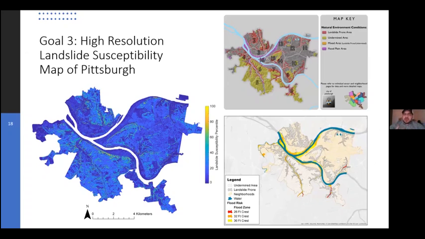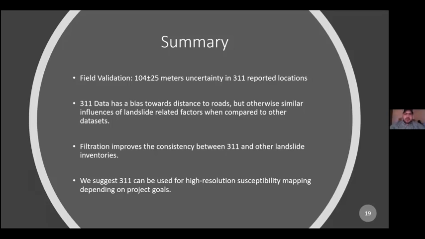It's actually a susceptibility map of 10 meter resolution. So for every 10 meter by 10 meter pixel, we've assigned a given landslide susceptibility value, which is a much higher resolution than landslide maps I've currently seen in publications. The area over to the right shows 2 examples of those.